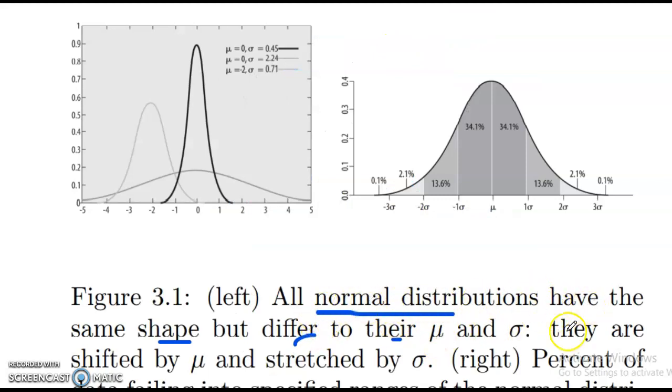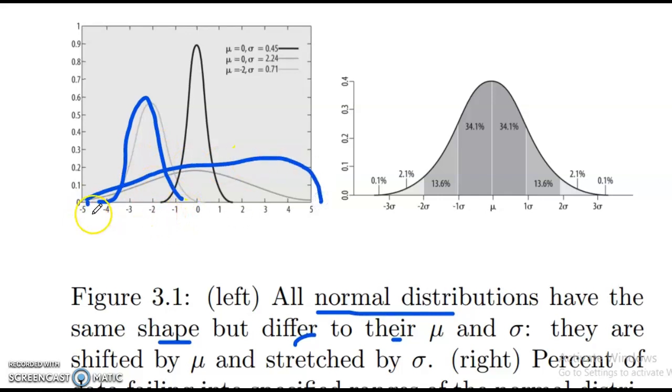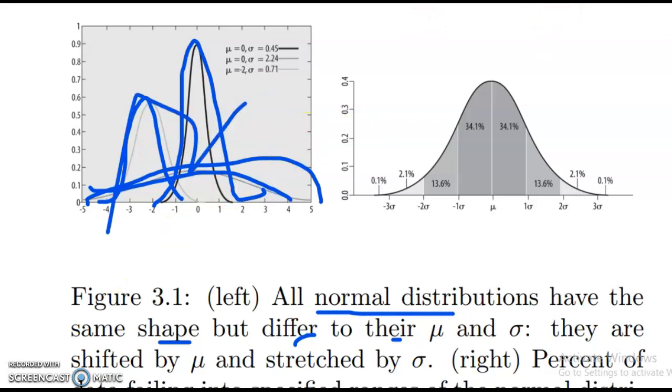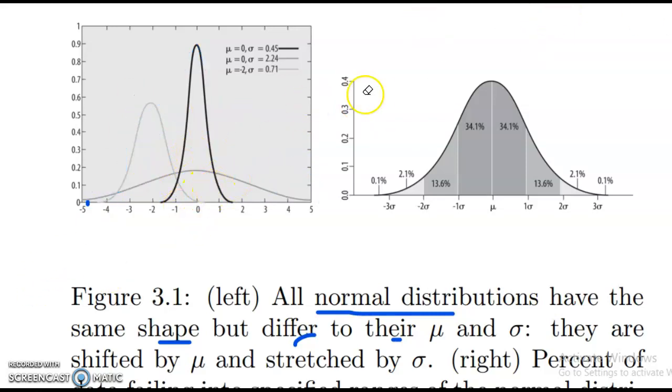All normal distributions have the same shape, but they differ in their mu and sigma.